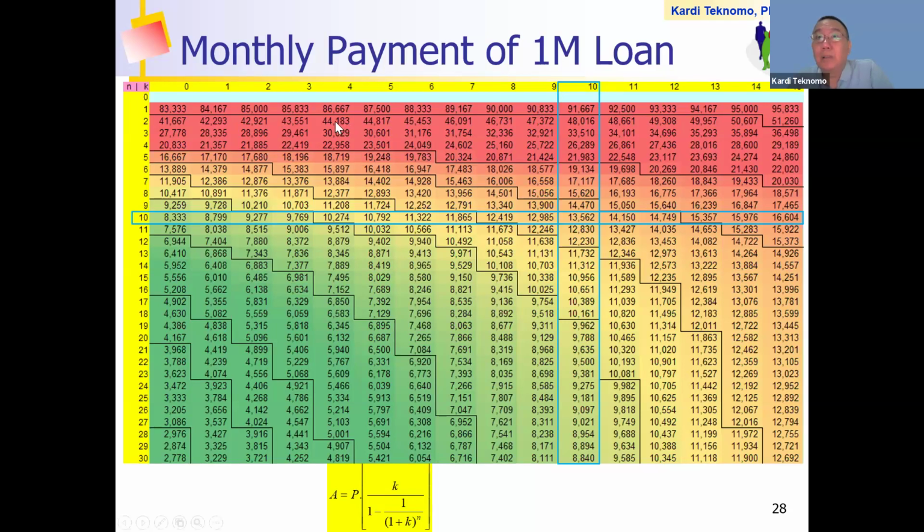And from here, you can start to see if I have only 1 year to pay for 1 million pesos, that means I need to pay this much per month. The expense.